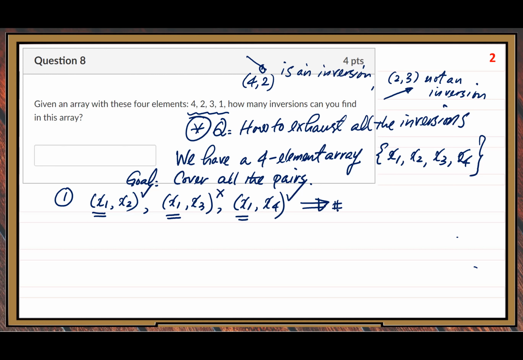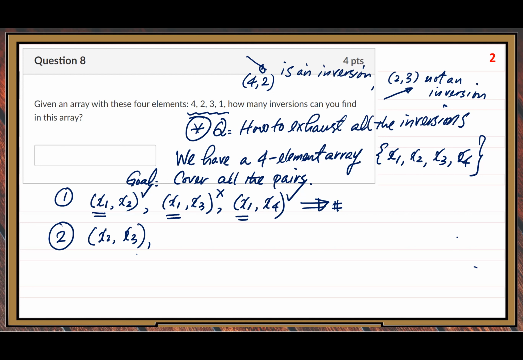Then case 2, this time the pair should start with x2, or we use x2 as the anchor. x2, x3. Do not include x2, x1, because that's not a natural order. x2 comma x1, this pair does not appear in the array in the original appearance order.